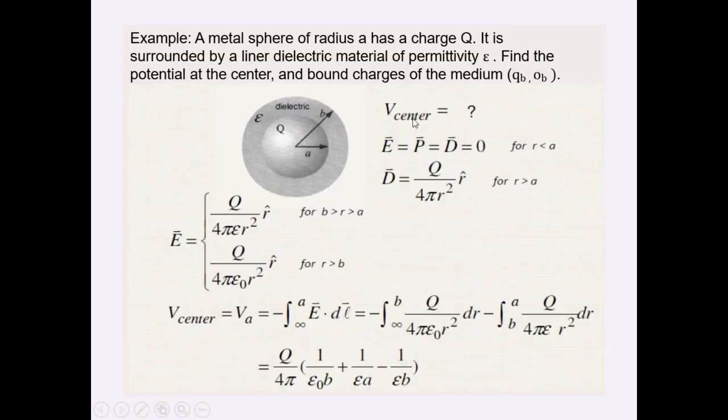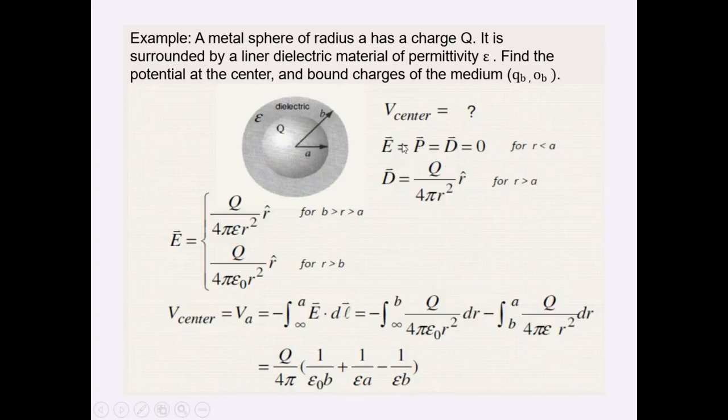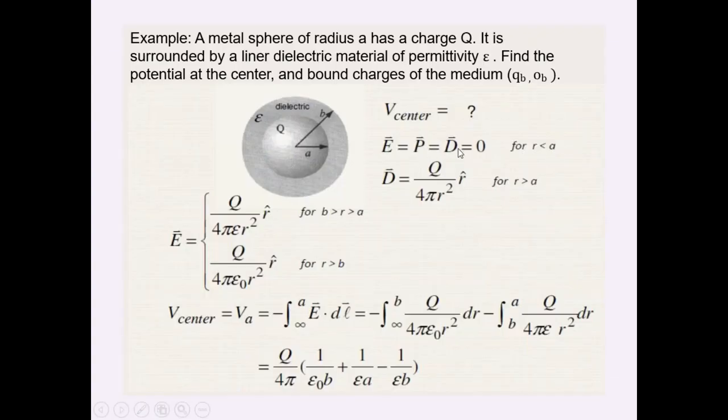We don't know this center. We don't know anything, the potential at the center. To get that, we go by using E from this, which is equal to 0 for r less than a, and this brings us this again for the same thing.